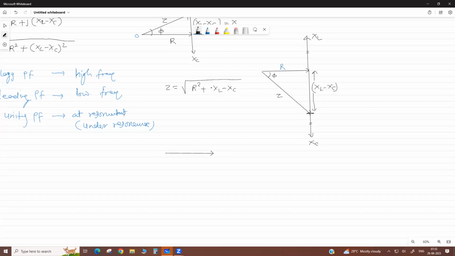Generally we write this only. If this part is high, then it is negative. Negative square is also positive. And the vectoral difference, we do not subtract from higher to lower. We always keep this fixed, XL minus XC. If XC is high, it means it is a negative value. Okay, that's why.